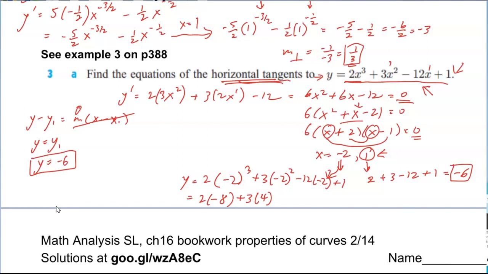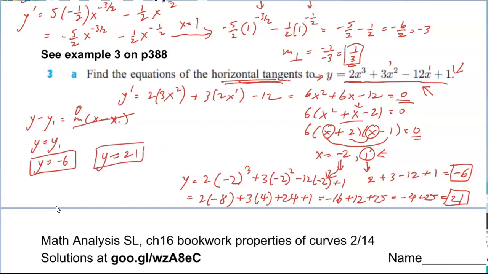Minus 12 times negative 2 is positive 24 plus 1. So this would be negative 16 plus 12 plus 25, which is equal to negative 4 plus 25, which is equal to 21. Sound right? Okay, so one of our lines would be y equals 21.